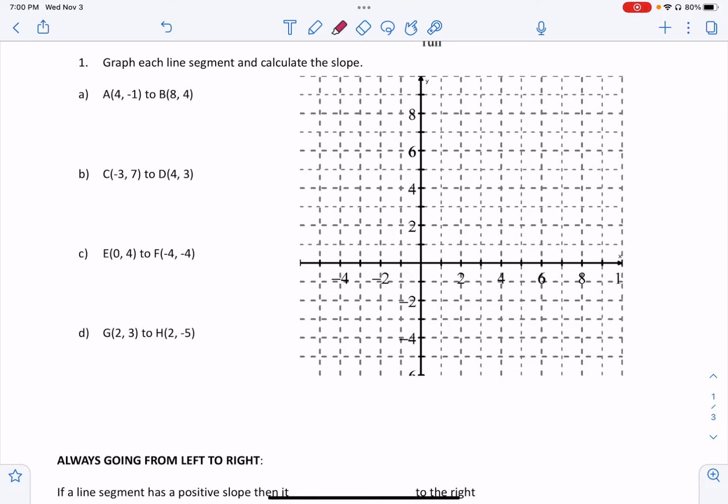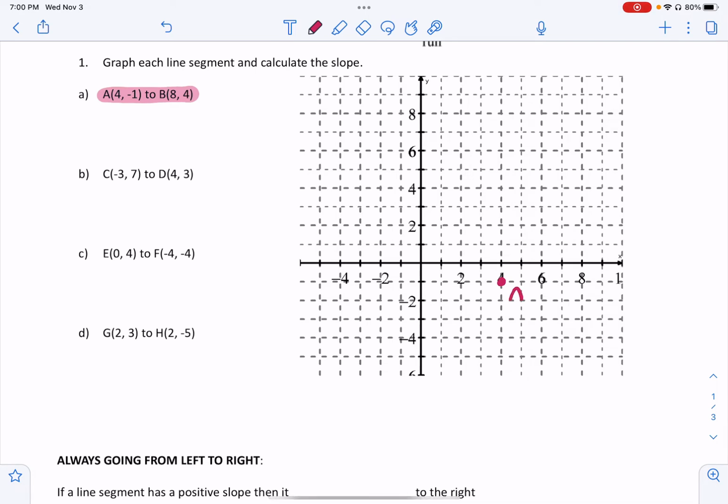So let's do an example. So we'll start by graphing 4, -1. So I look along my x-axis until I find 4. It's right here. And from 4, I'm going to go down 1 on the vertical axis. So that is 4, -1.